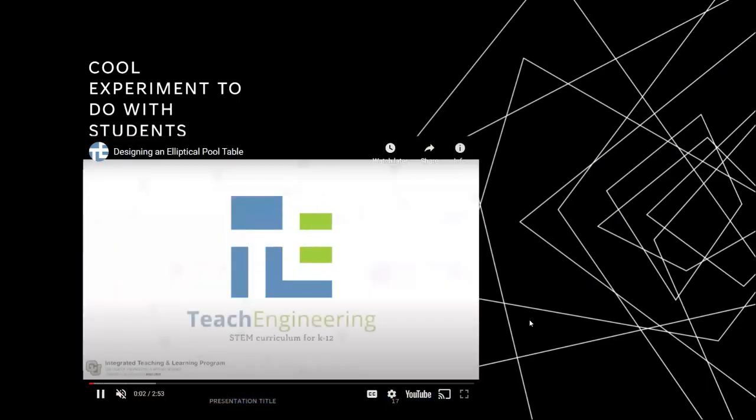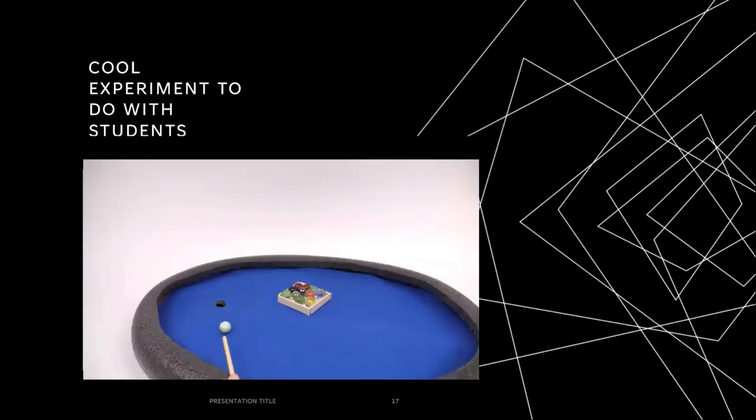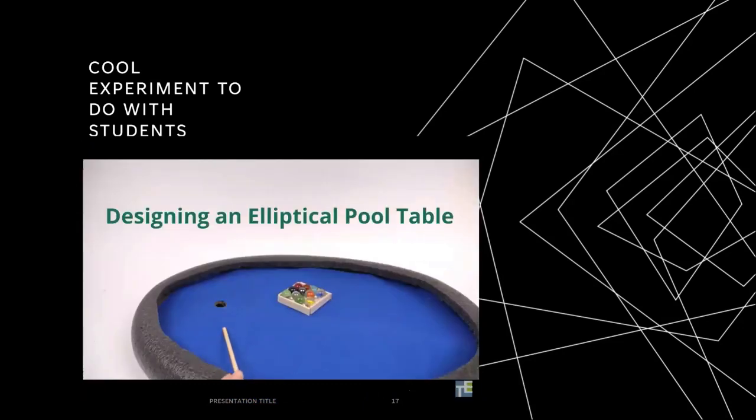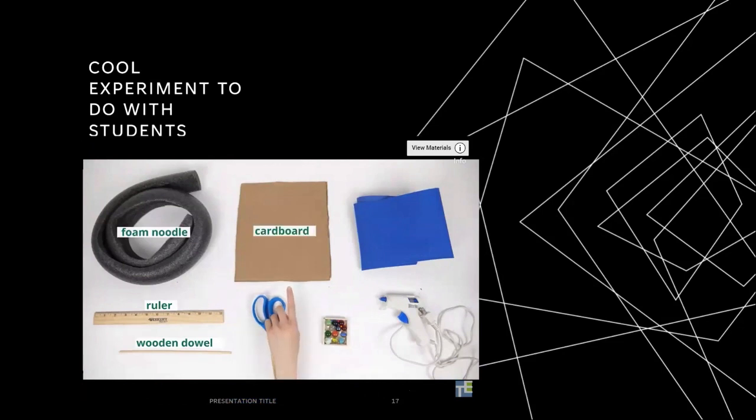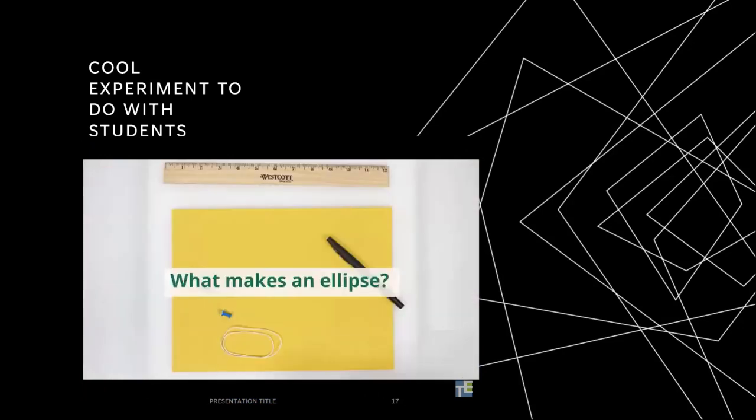So in this video, they actually use some creativity on how to experiment using ellipses. It did not only have to do with sound or light, but in this case, how gravity will work.